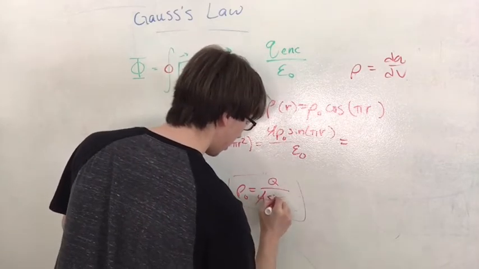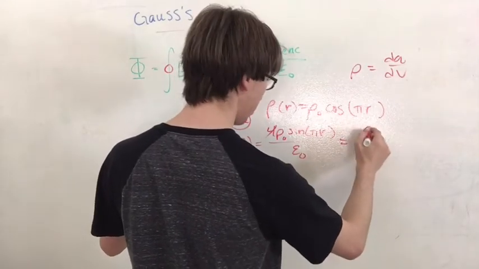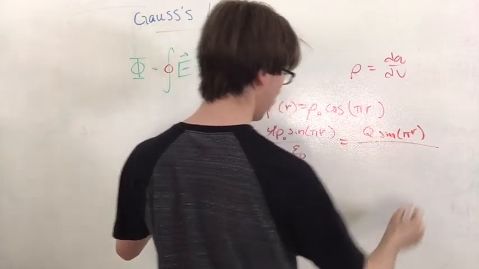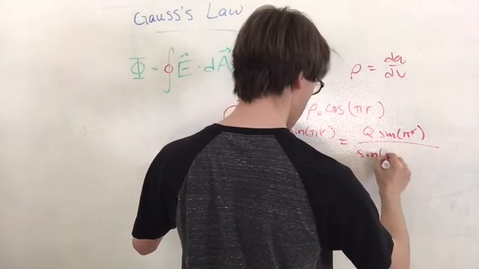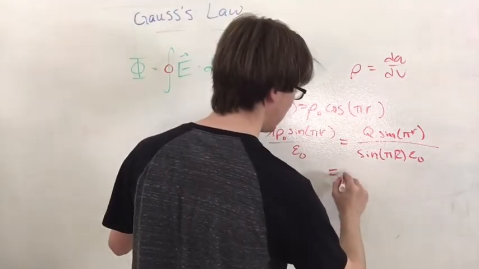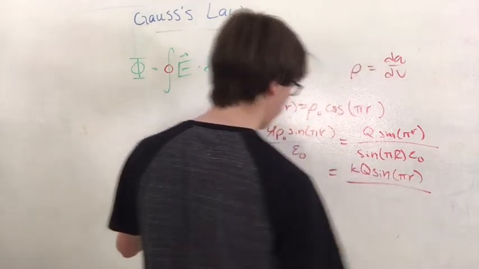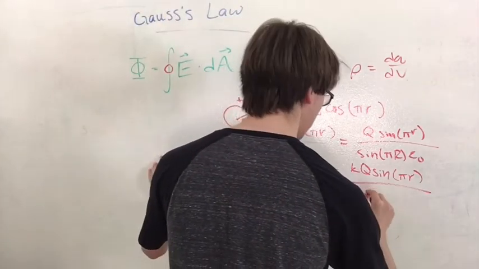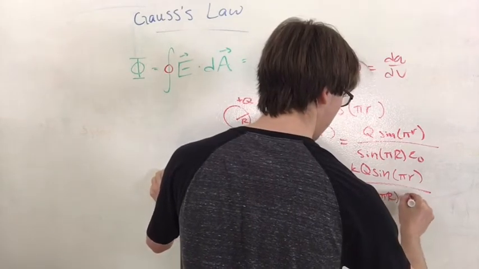So that gives you Q sine pi r over sine pi big R epsilon naught r squared, which is equal to k Q sine pi r over sine pi big R r squared.